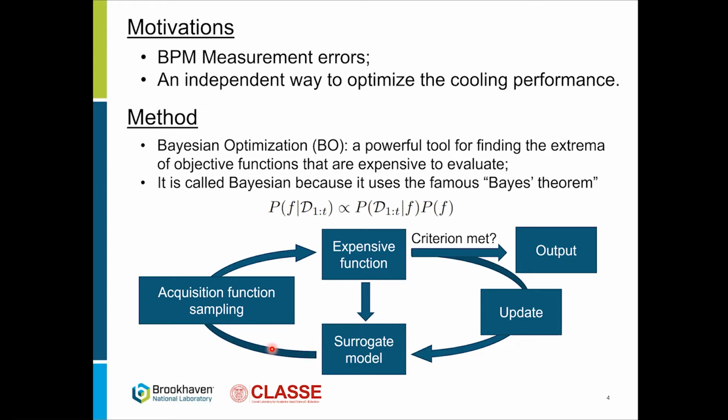Then you use an acquisition function to guide the sampling process. Then you can sample the original function and get a new sample point. Then you evaluate the criterion. If it is met, then you can output the result. Otherwise, you use the new samples to update the model and continue this procedure until you finish the optimization.